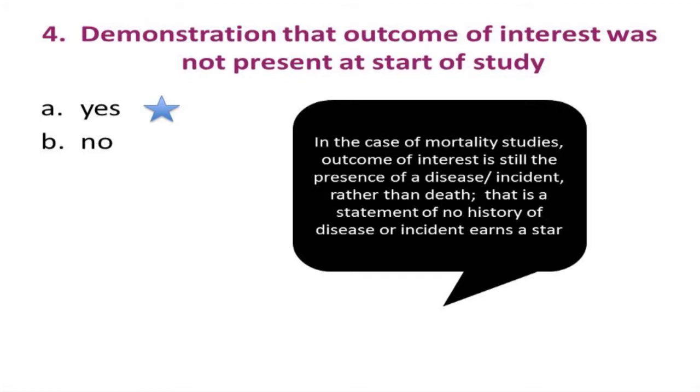Yes? We asked a little more about this demonstration that the outcome is not present in the beginning. Yes. For example, if I want to follow up people to see if they get hypertension, and in the beginning I exclude those with blood pressure over 130, then I get a different kind of population than the one I'm interested in.